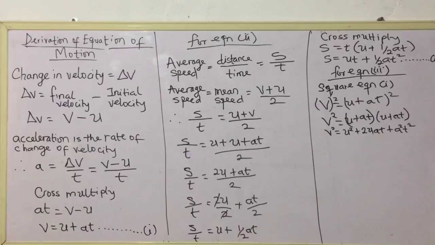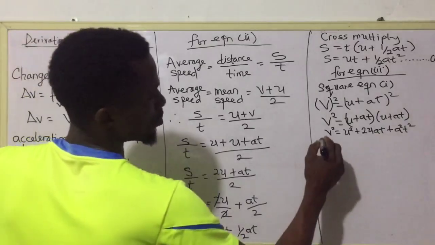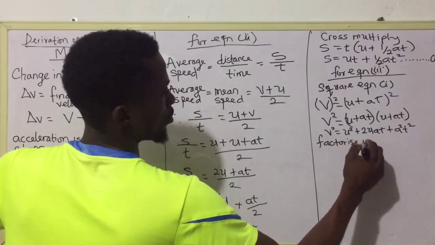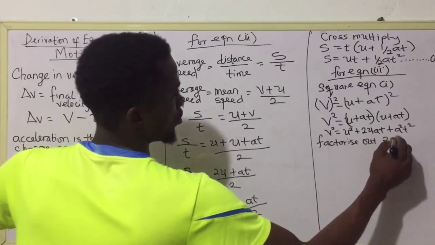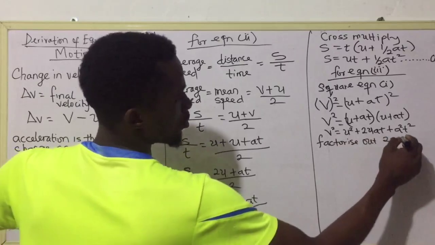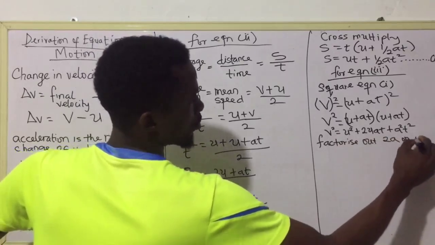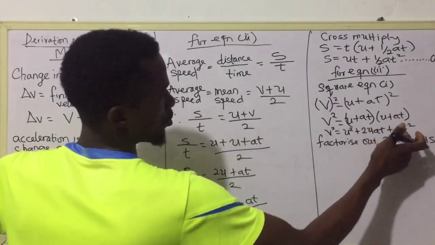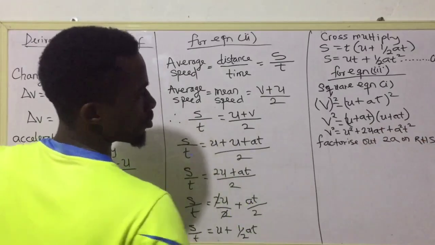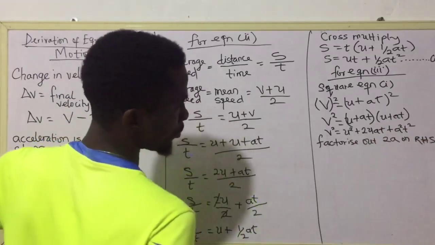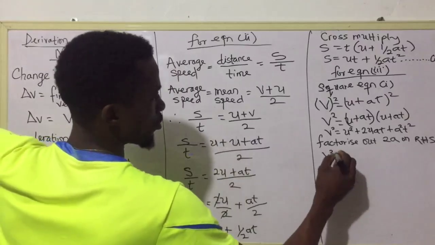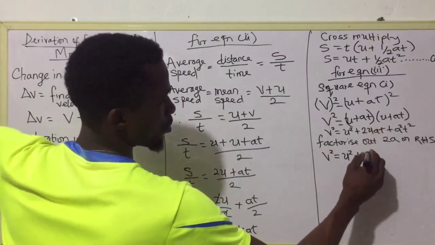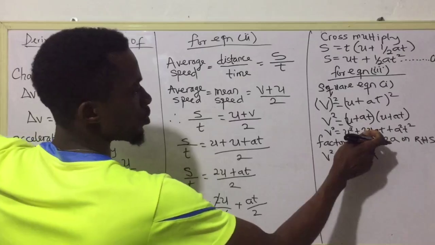The next thing we are going to do would be to factorize out 2a. So our left hand side will remain the same. On the right hand side, we are going to factorize out 2a. So our v squared would be equal to u squared plus, now we are bringing out 2a from the remaining two expressions.